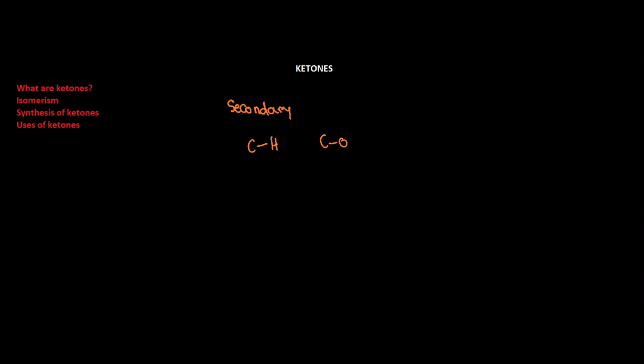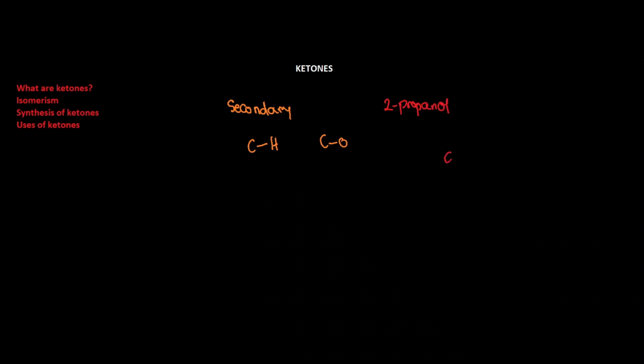Now, a secondary alcohol is an alcohol in which the hydroxyl group is bonded to a carbon atom that is bonded to two other carbon atoms. Okay, so for this example, let's take a look at 2-propanol.